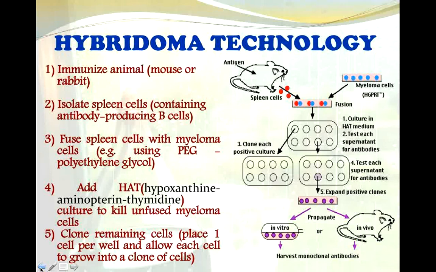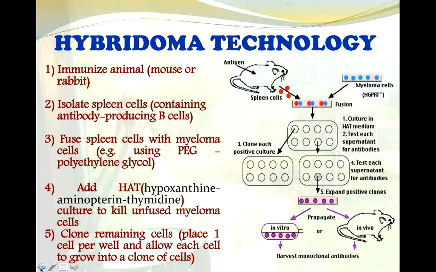There are two pathways by which cells can form DNA. First is the de novo pathway, another is the salvage pathway. But these myeloma cells are deficient, because of previously selected mutations, in one of the nucleotide salvage pathways, which makes them unable to grow in the HAT medium. Now, what is this HAT medium? HAT medium is the medium which contains hypoxanthine, aminopterin, and thymidine.